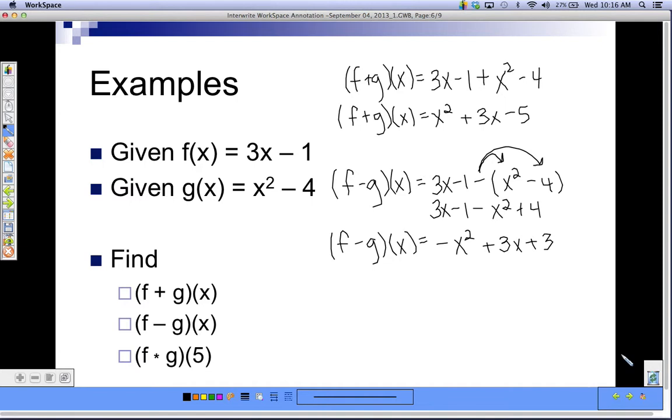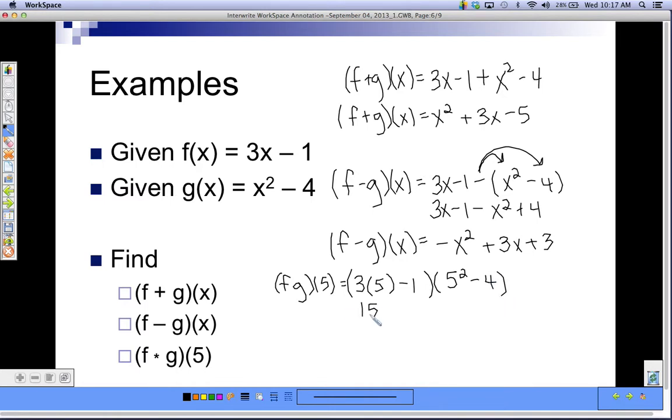Now, the last one is a little different because notice there's not an x anymore. We now have 5. So we need to plug a 5 in wherever we see x, and we're going to take f times g. So we have f times g of 5. So we have our function f with a 5 plugged in for our x times function g with a 5 plugged in for our x again.